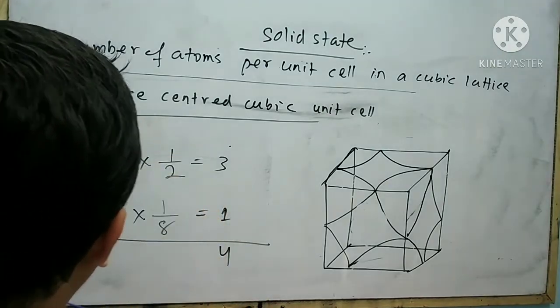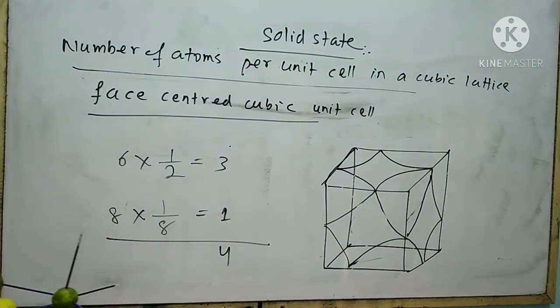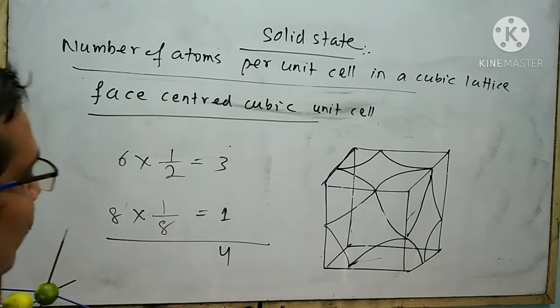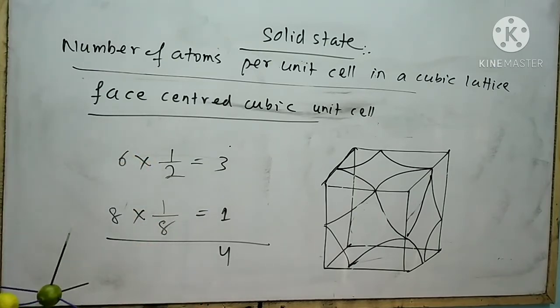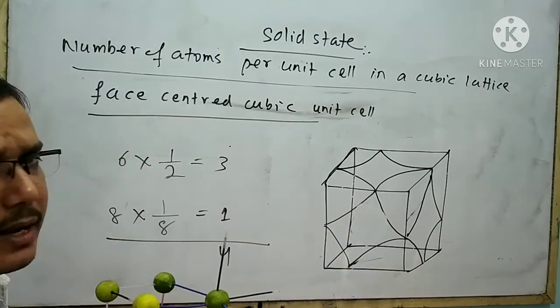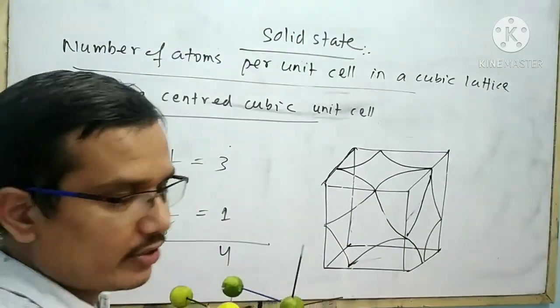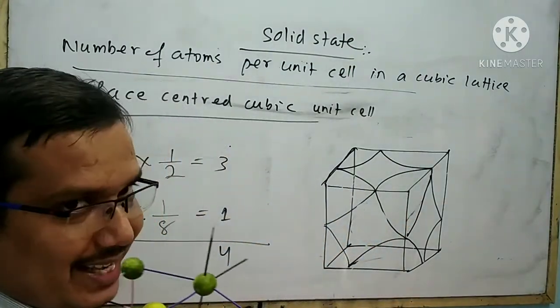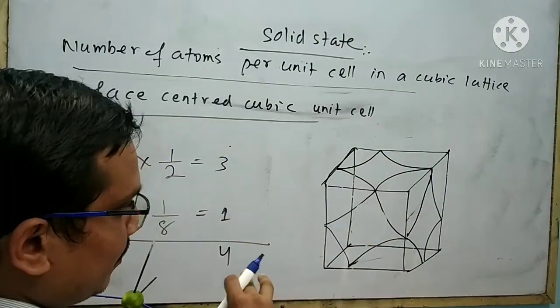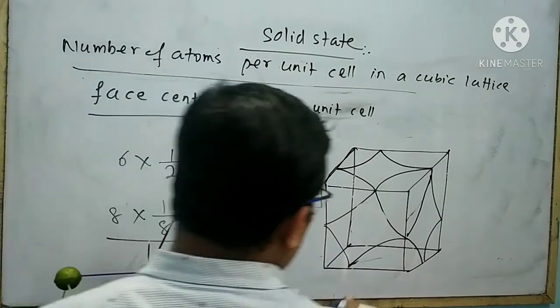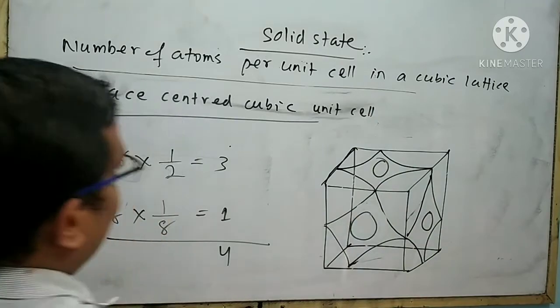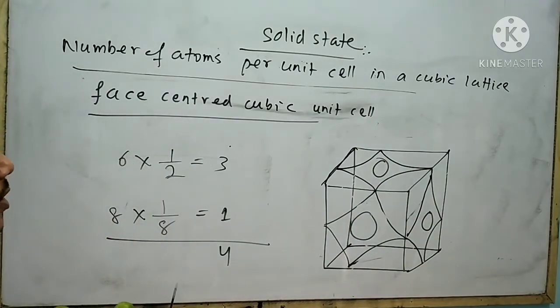So the number of atoms for the face centered cubic unit cell equals 4. This is your diagram for the simple cubic unit cell. There are 6 constituent particles present at the centers of the 6 faces. So I can write like this. This is the diagrammatical representation for the face centered cubic unit cell.